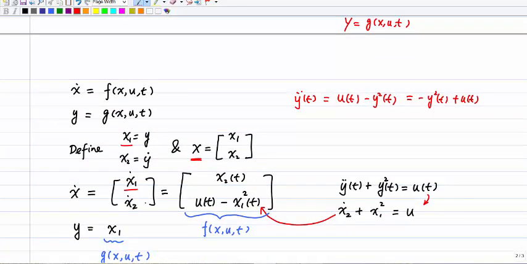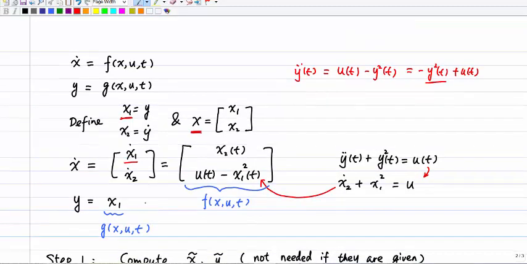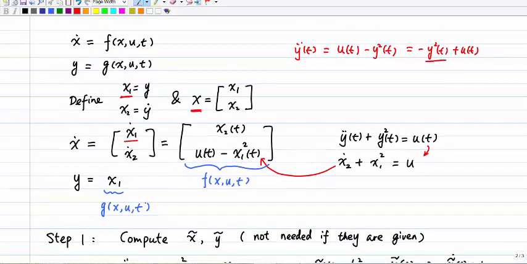Since y(t) is given by x1, I have u(t) minus x1(t) squared. I put the t here, but you can drop the t if you want to. I just put it here to make sure we know whether it's a partial derivative with respect to x or with respect to t, the differences later on. And y is just equal to x1.